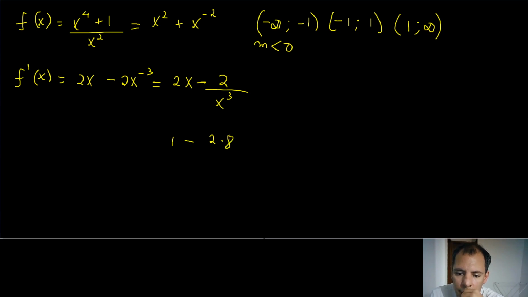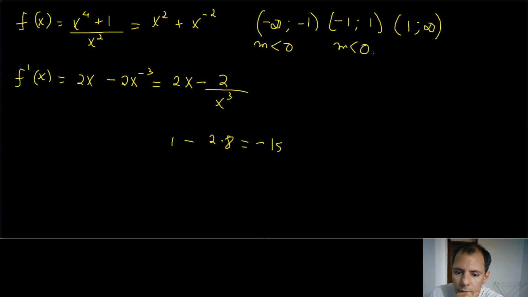Multiplying, we get an 8 here. So half in here is going to be 1 minus 2 divided by 1/8, which is minus 15. So I'd say that it's also negative here.